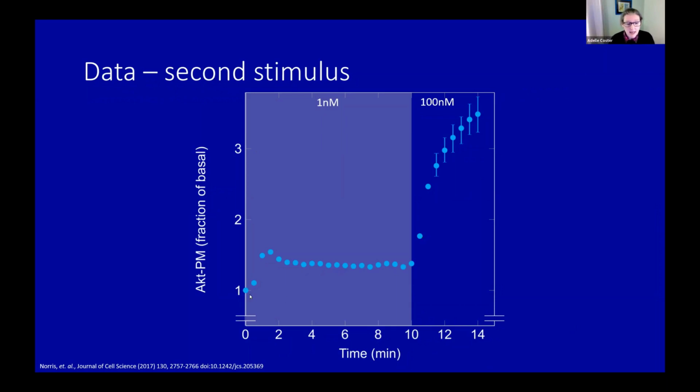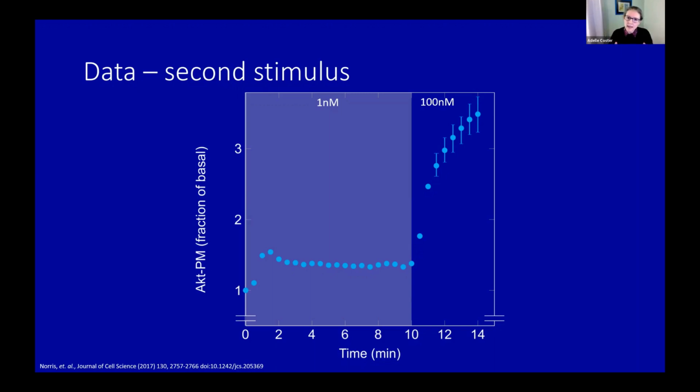But you can see that this is our original transition that we saw before in 1 nanomolar insulin. The system is still able to respond, and it then ramps up with more and more AKT being recruited to that underside of the plasma membrane. And so it's still possible for this system to continue to respond.